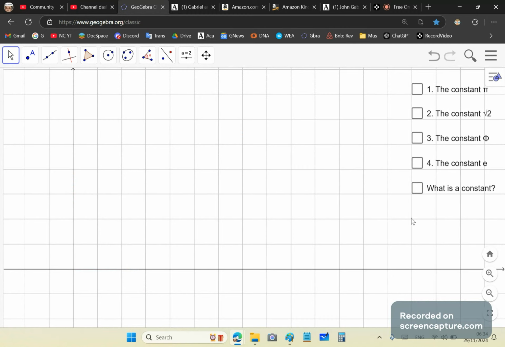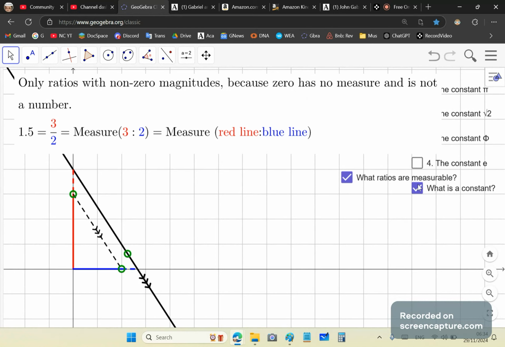Well, like any other number, they are related to measure. In other words, they are realized from measure, the act of measure. For example, remember I showed you that the ancient Greeks, when they defined number, were using ratios.